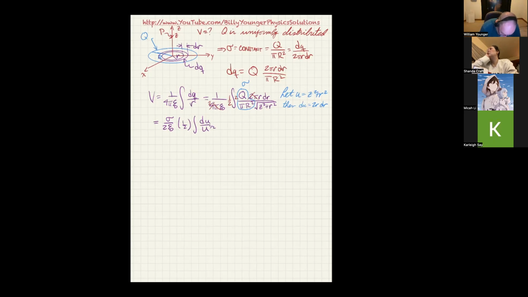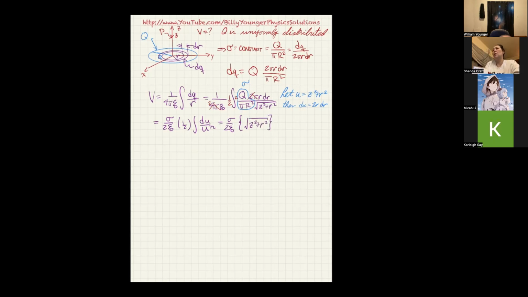So now I can say equals sigma over 2 epsilon naught. Notice the 1/2 I already told you about, it's going to disappear. And now, instead of u to the negative 1/2, I have u to the 1/2, which I'm going to write in curly brackets and say it is the square root of z squared plus r squared.